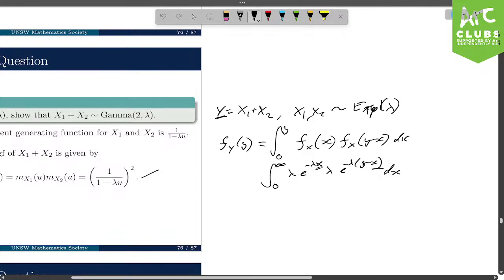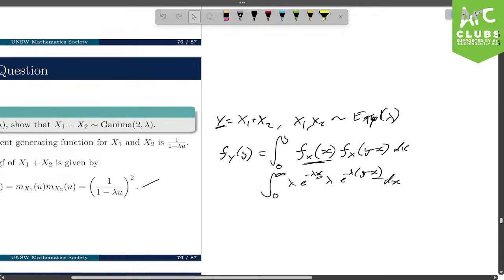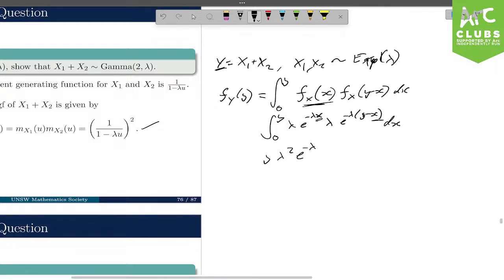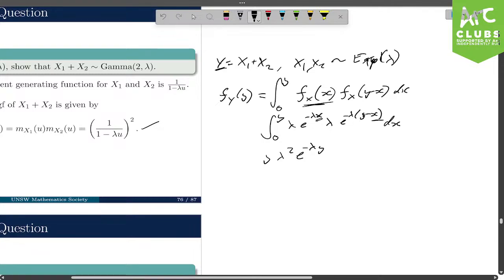This would be up to y, my bad, since we're adding up to y, and since our exponential functions are only greater than 0. Anyways, we continue. So this would be y, so we end up with y lambda squared e to the minus lambda y. Which, I mean, is the exact same thing as the gamma distribution.